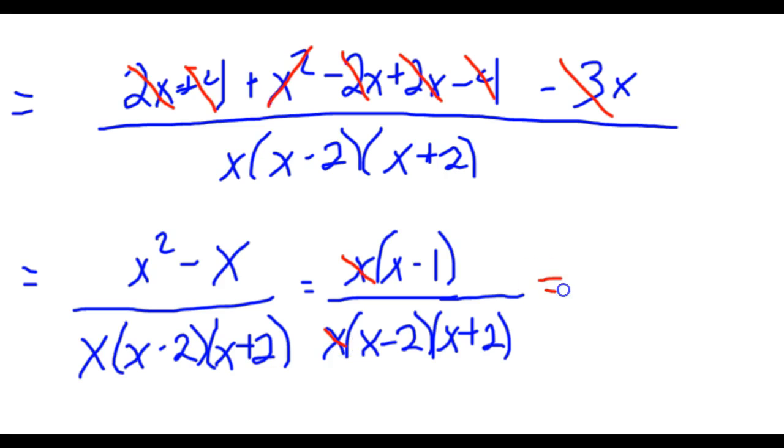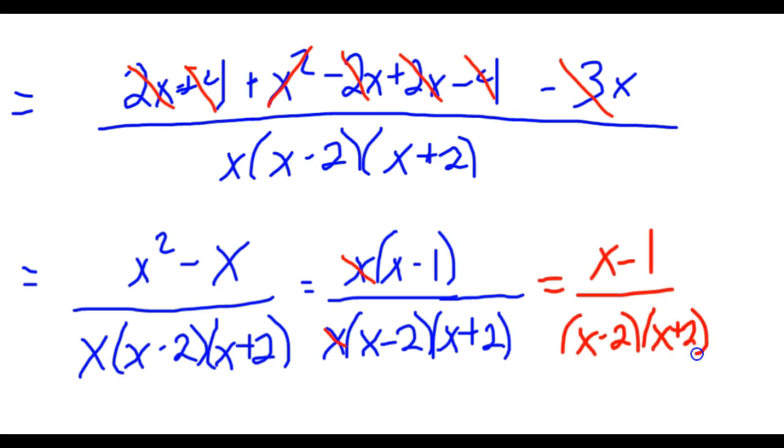So all of this, when we're said and done, simplifies down to x minus 1 over x minus 2, x plus 2, and remember, x cannot be equal to 0. Because if we would set this factor that we removed, that we canceled out, set that equal to 0, x cannot be equal to 0.